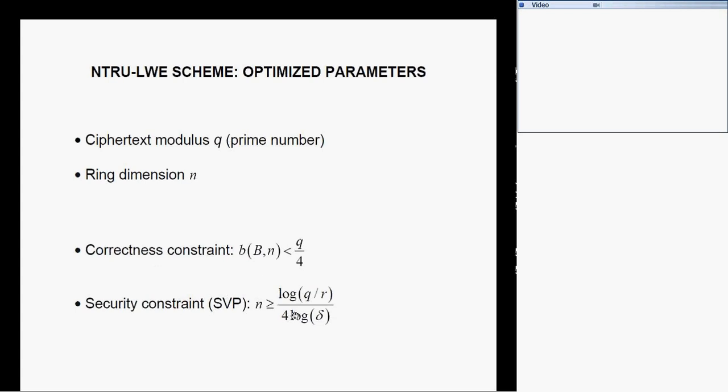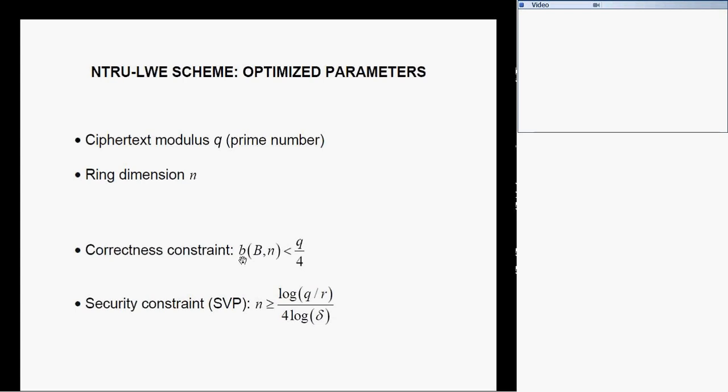The security constraint uses the same formula for any scheme that's based on the Ring-LWE problem. I've seen this for several different Ring-LWE schemes, and it doesn't really change that much. The correctness constraint depends on the specific procedure we use to compute the ciphertext error, to compute the ciphertext itself.